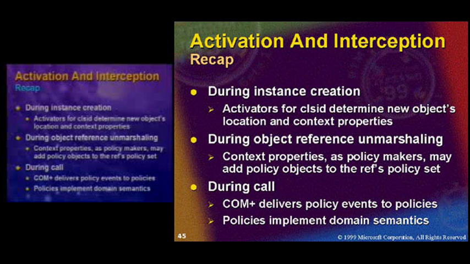The first time we unmarshal a reference from one context to another, the properties of the context are going to act as policy makers and add policy objects to a policy set for the difference between those two contexts. During a call, COM+ is going to deliver events to each of the policies, and the policies can do work during those events to implement the semantics of a particular domain.